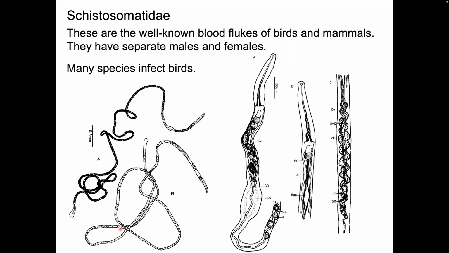Well, everybody knows about these. What people may not be so familiar with is the fact that maybe most species infect birds. And most species of schistosomes look rather more like these ones. They're very elongated. These are Trichobilharzia. They are the thickness of a hair and maybe 2 or 3 centimeters in length. They're extremely difficult to dissect from the tissues of a host.